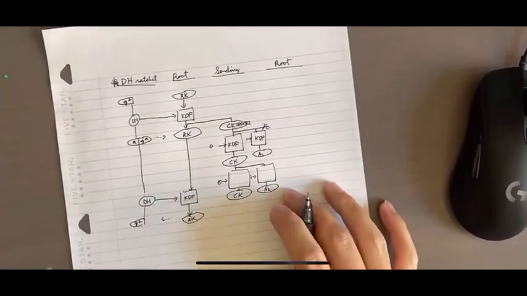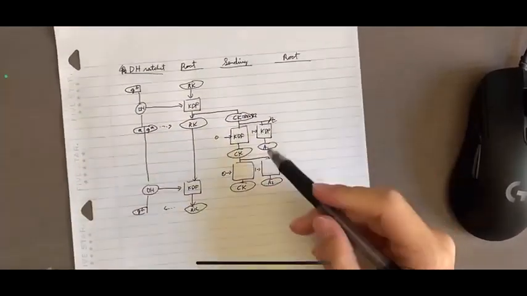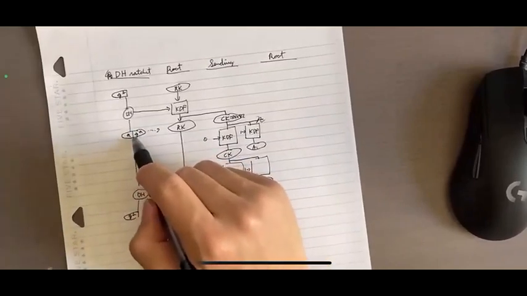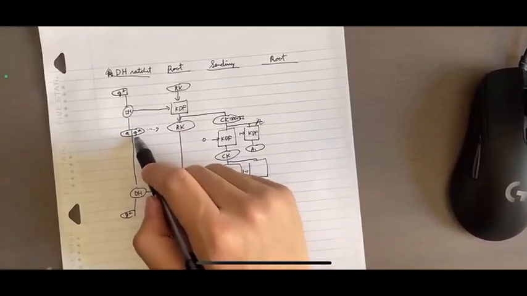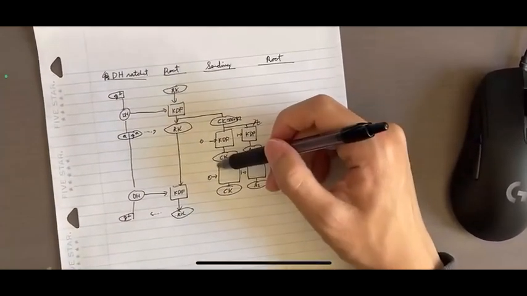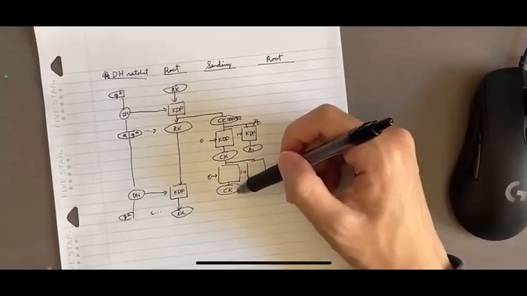Now, let's think about this from Bob's perspective for a moment. Bob, when he did the Diffie-Hellman with the public component we sent him, he was deriving these keys, but we use these keys to encrypt messages to Bob. So Bob is using these keys to decrypt messages to him.